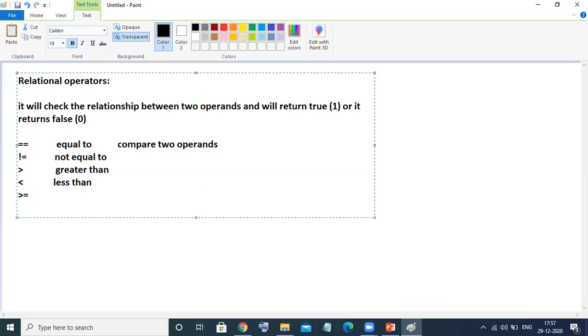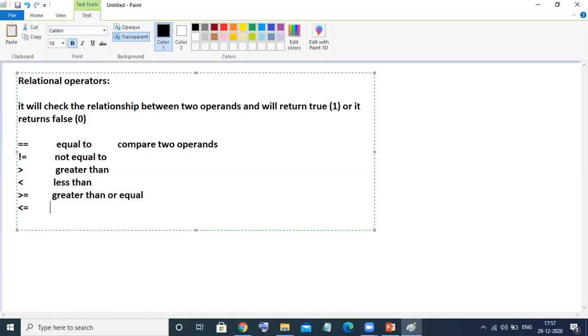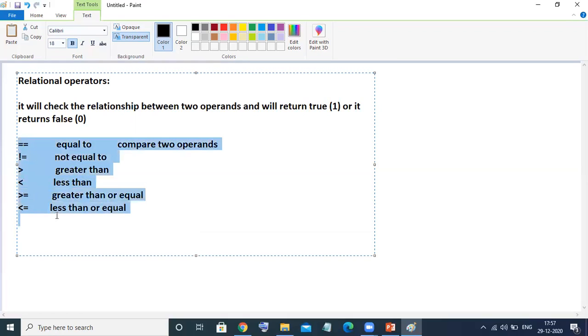Similarly, less than or equal to. So these are some of the relational operators which are used to find out the relationship between two operands.